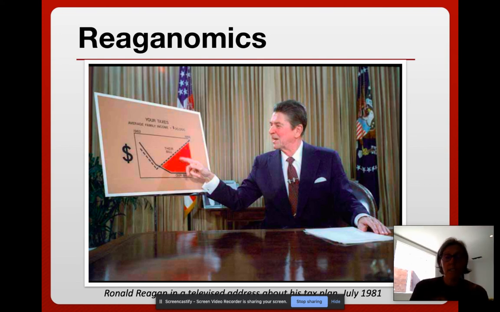They were intended to decrease the tax burden on businesses and the wealthy so that they could invest that money back in the economy and essentially pay it forward, rather than paying it to the government in the form of taxes. This is where that idea of trickle-down economics comes from.